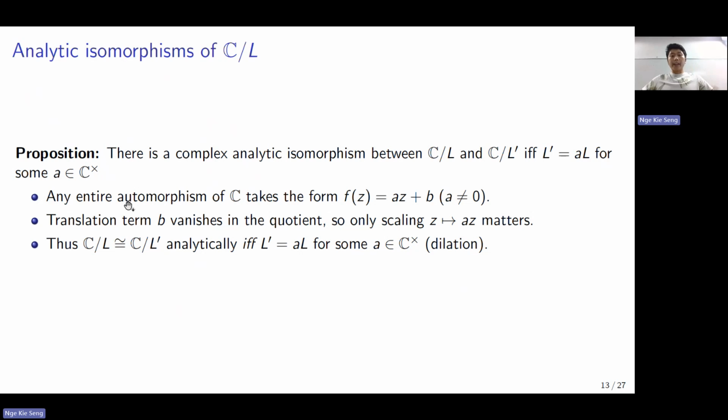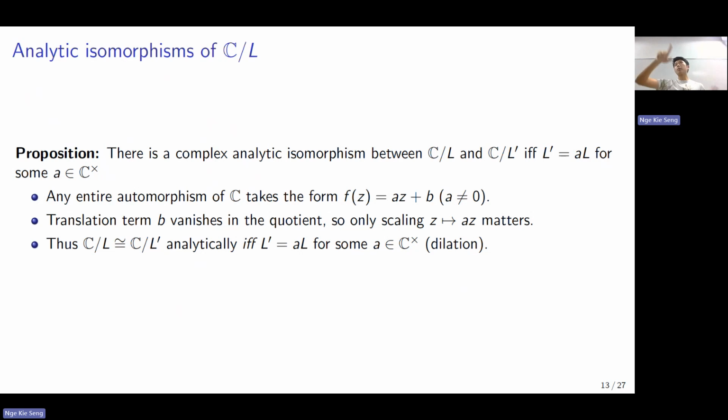All of the entire automorphisms of C, the maps from the whole complex plane to the whole complex plane isomorphically, there is only one case, AZ plus B. All other cases have poles or repeated values, so they are not bijective. This is the only case where it is an entire isomorphism of the whole complex plane.